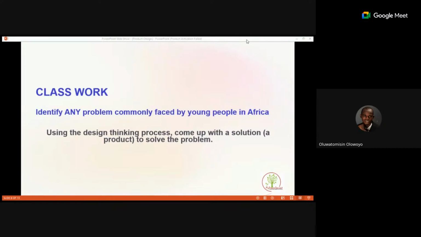And after that, she gave a classwork, that we should come up with a product using the design thinking process to identify and build products which solve the problem commonly faced by young people in Africa. So we are at that point now. We are brainstorming on what problems are being faced by young people in Africa, and we are looking at the possible way we can create a solution for that. Thank you.